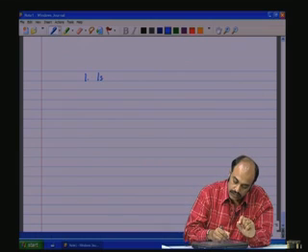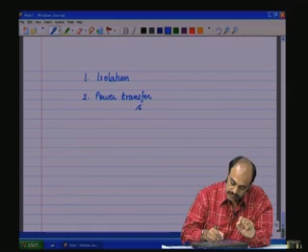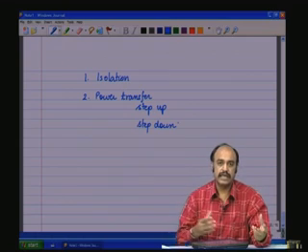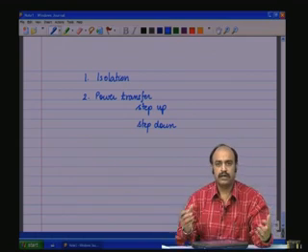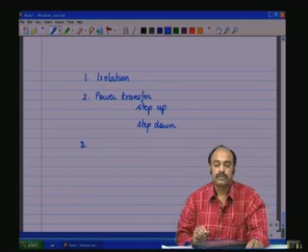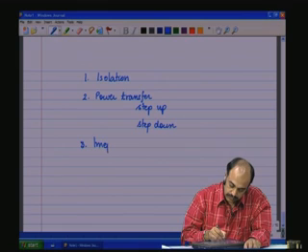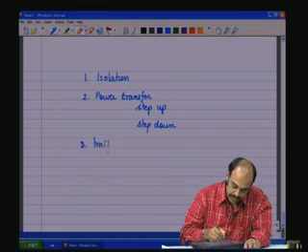It can be used for isolation and it can be used for power transfer with step up or step down to make the voltages and the current compatible between one part of the electric circuit to the other part of the electric circuit. There is another important function that the transformer can do, the impedance matching.